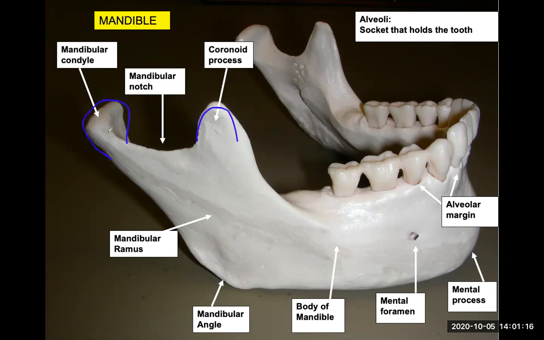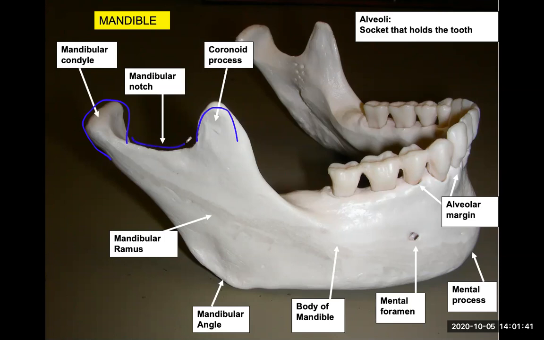This one that is in the back is called the condyle because it's a way for two bones to come into contact with each other. The mandibular condyle fits into the mandibular fossa and gives you your articulation for the mandible with your skull, allowing you to open and close your mouth.